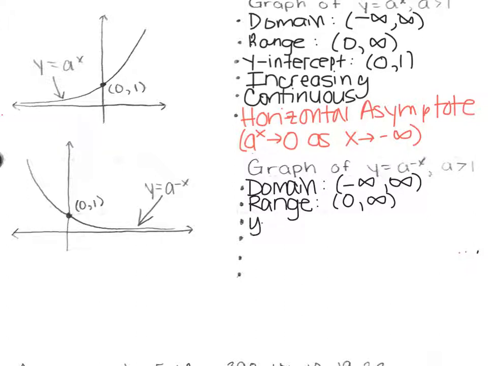Our y-intercept is still 0, 1. That comes from the fact that anytime we make 0 an exponent, our value is 1. In this case, as we move from left to right, our function is going down, so we are decreasing.